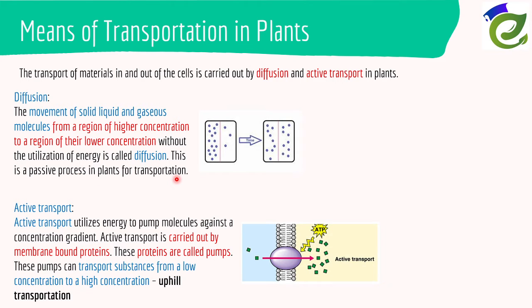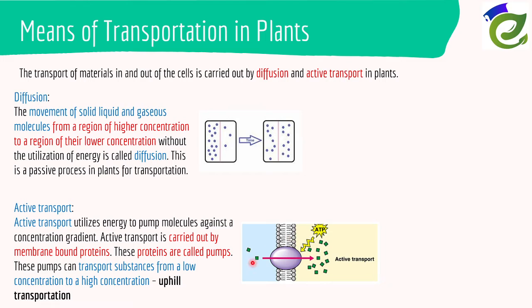Now let's take a look at the opposite of diffusion. Diffusion being the passive process, now let's look into the active process, called active transportation. The difference between passive and active transportation is that active transportation utilizes energy in the form of ATP. So it goes in the reverse manner. Molecules will go from the right-hand side to the left-hand side here.